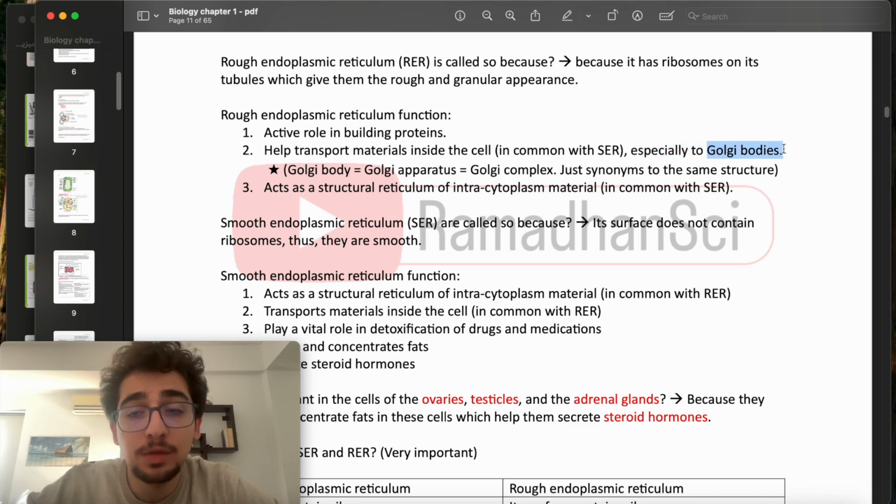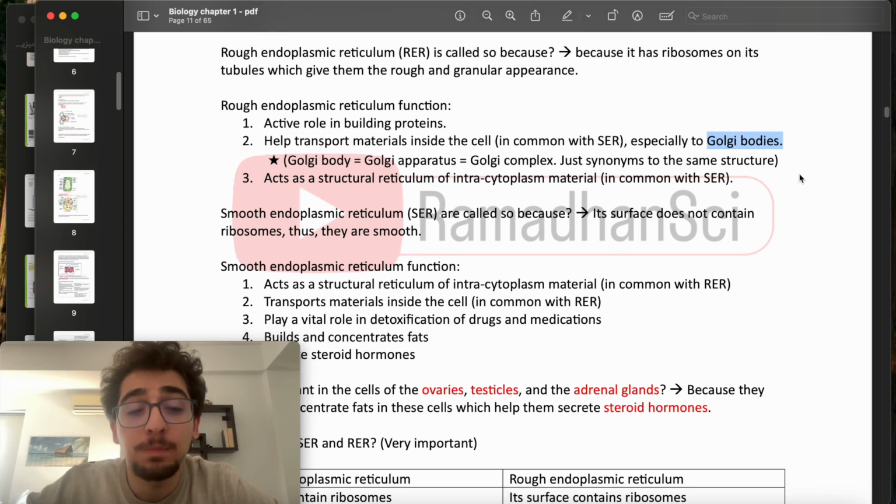Now, Golgi bodies here means Golgi apparatus. It's the same structure. So if they mention Golgi bodies, or Golgi apparatus, or Golgi complex, all of those are synonyms for the same structure.